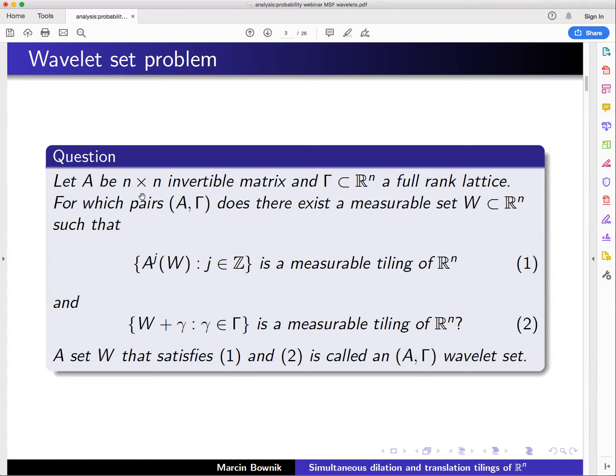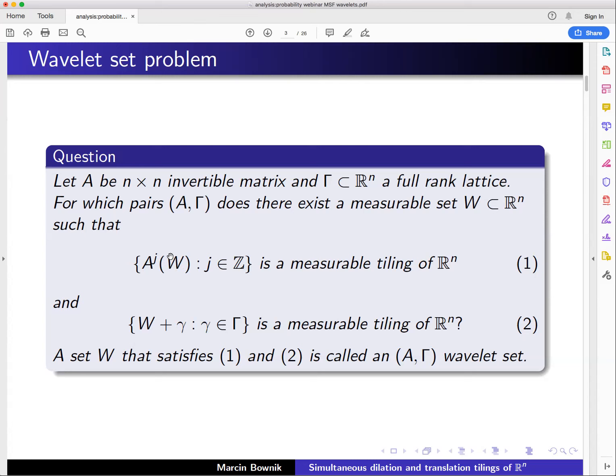Suppose you take an n by n invertible matrix A, and you also take Gamma, a full rank lattice. You can think of Gamma as the standard lattice Z^n. It really doesn't change the problem, but it's better to think of Gamma as an arbitrary lattice. Now the question is the following: for what pairs of dilation and lattice does there exist a measurable set W that has two properties?